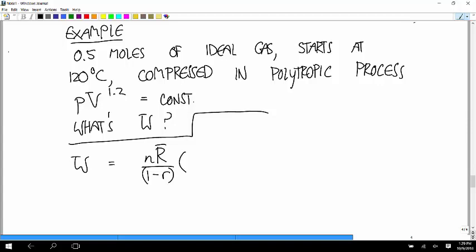Oh, yes, we do. It's compressed in a polytropic process until T2 is 200 degrees Celsius. So W is this times T2 minus T1.